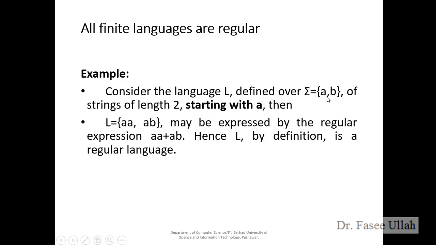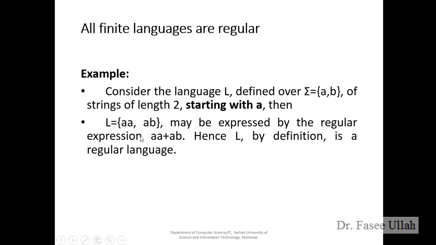So what does it mean? We have a data set over a and b, strings of length 2, and always starting with a. This is how we can define the regular expression.